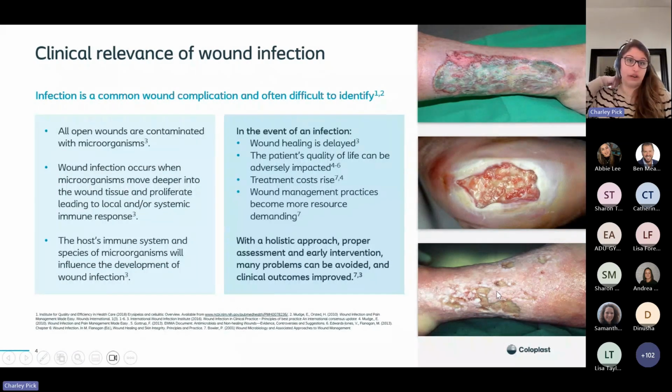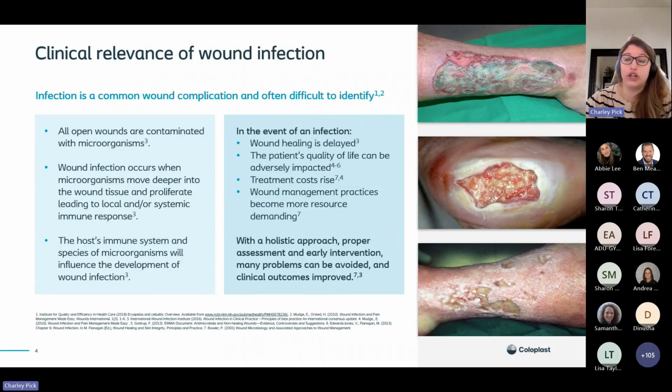So, of course, there's clinical relevance of wound infection, and it is a common wound complication, but it's often difficult to identify. So, as we said on the previous slide, 80 to 100% of chronic wounds will contain a biofilm. So all of our open wounds are contaminated with microorganisms or bacteria.